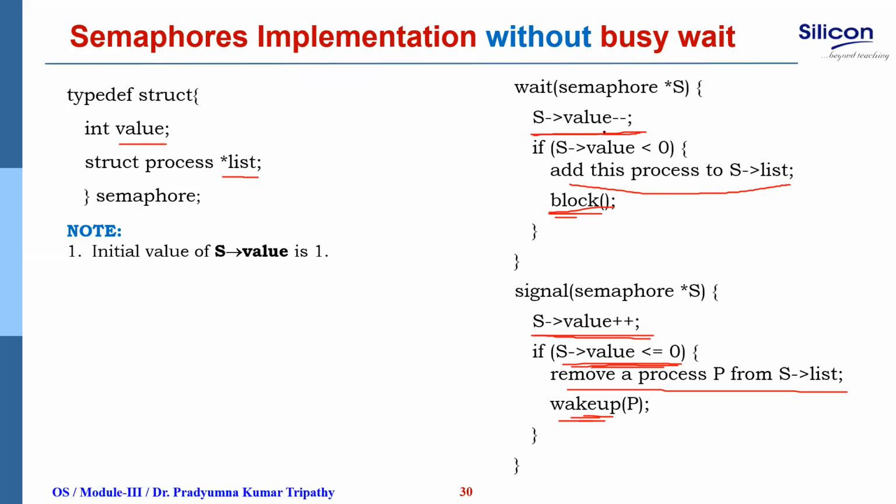S value becomes 0, and 0 is not less than 0, so it doesn't satisfy. Then when the next process comes, 0 minus minus becomes minus 1. Minus 1 is less than 0. So it will add the process to the list. Any doubt?